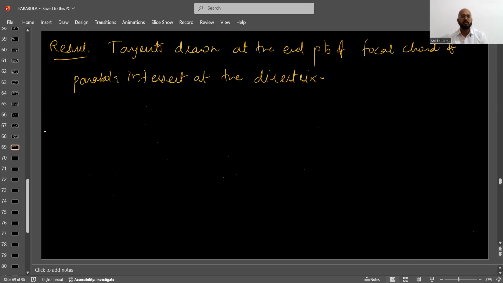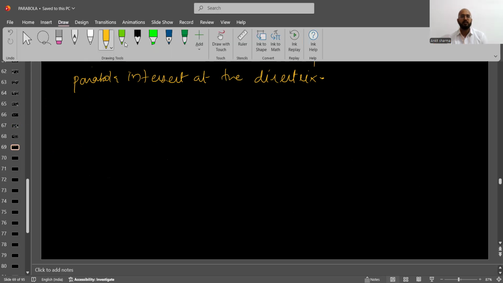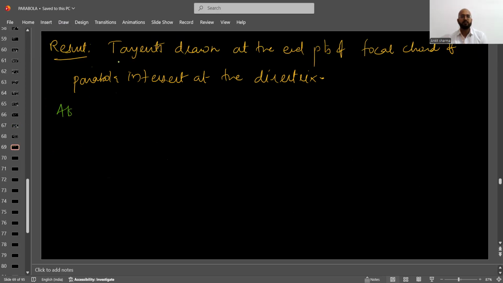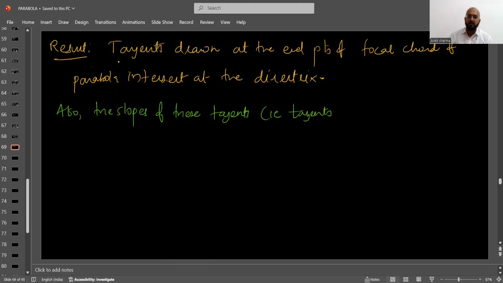So if you watch carefully, the slopes of the tangents at P and Q are 1 over t1 and 1 over t2.